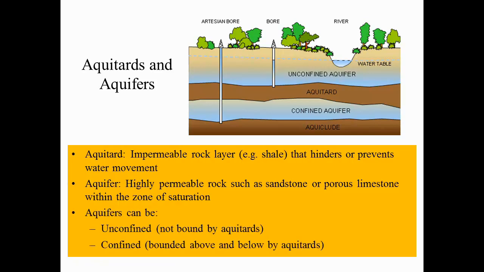Now, aquifers can be either unconfined and not bounded by aquitards, or confined, where they're bounded above and below by aquitards. So in the figure shown on the top, the upper aquifer, the one near the surface, is an unconfined aquifer. Notice that there's an aquitard below, but there's no aquitard above.